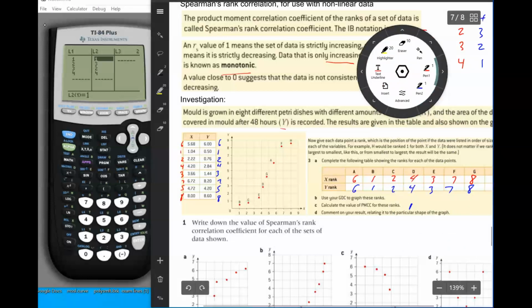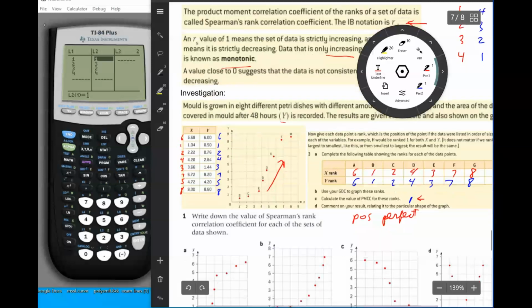In this case, is it positive or negative? It's positive, right? Because in general it's going up, and it is perfect correlation because we did get a perfect value of 1 here, right? So it's positive and perfect, and in this case it is not linear though. It is perfect correlation in terms of the ranking.